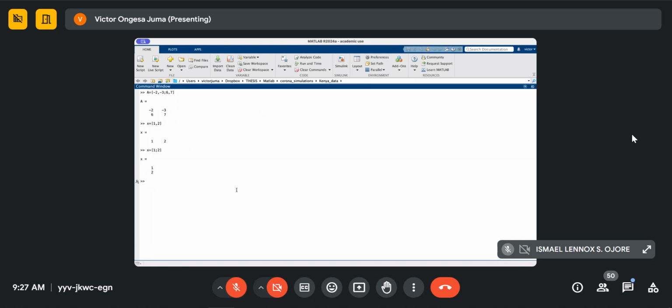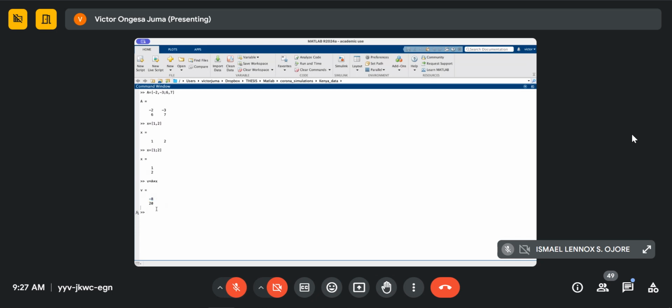And so we form the new vector. Let me call it V, the product of A multiplied by X. I'm not calling it X1, but you can call it X1. Then I get -8, 20. What happens here is you now want to normalize the first quantity.